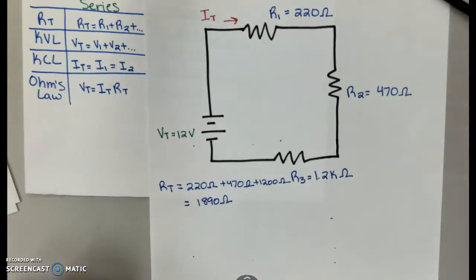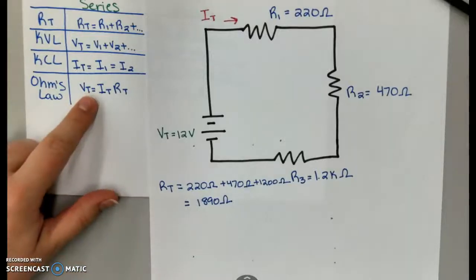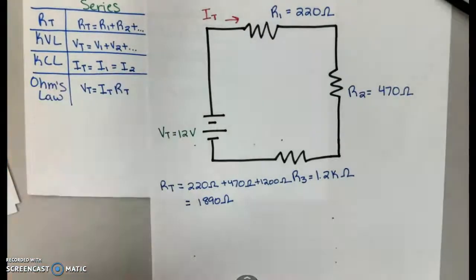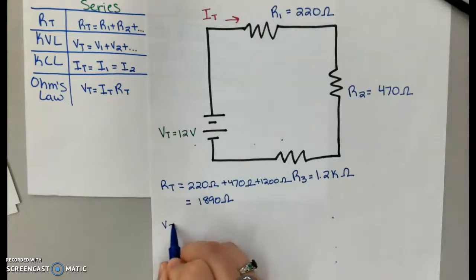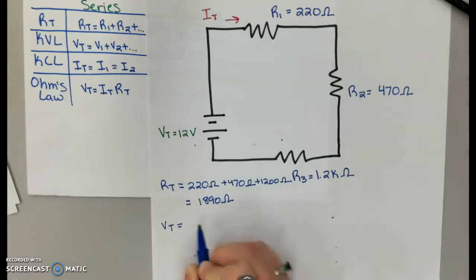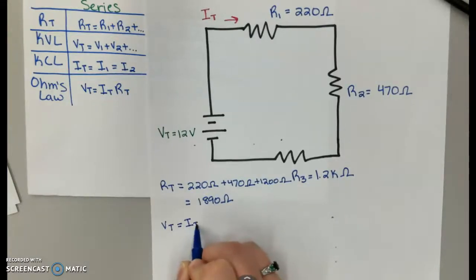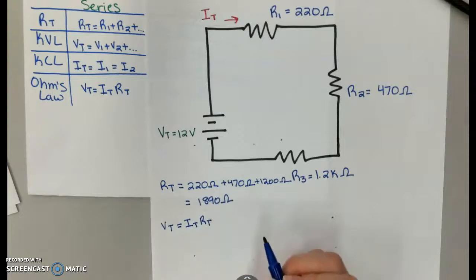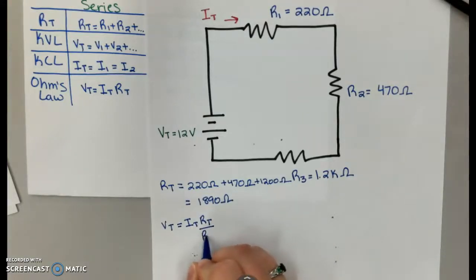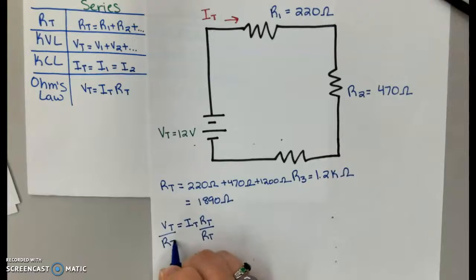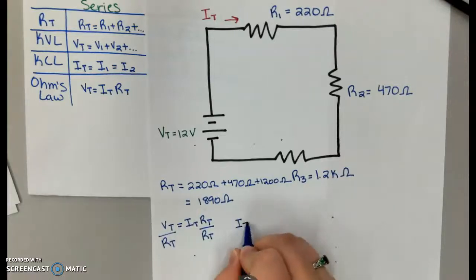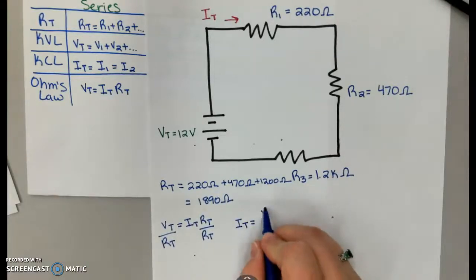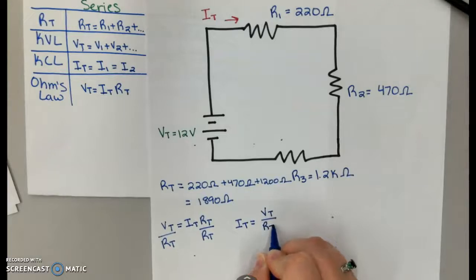Now, using that information, I can use Ohm's law to find my total current, because I now know my total resistance. So remember, V total is equal to I total, current total, times total resistance. And I want to find I, so if I rearrange this by dividing by the resistance on both sides, my total current is going to be the total voltage divided by the total resistance.